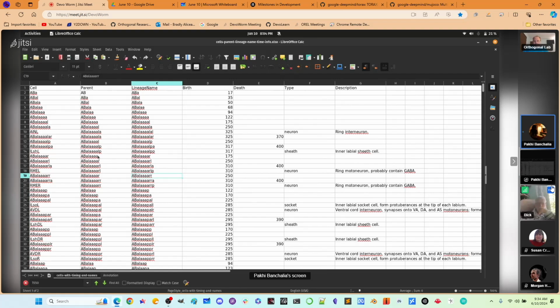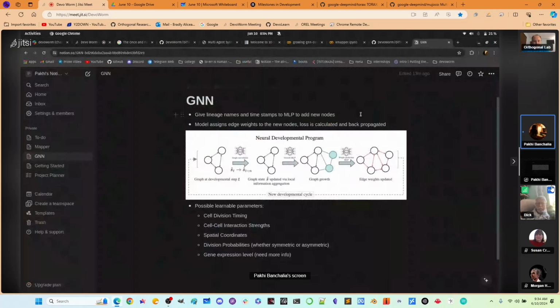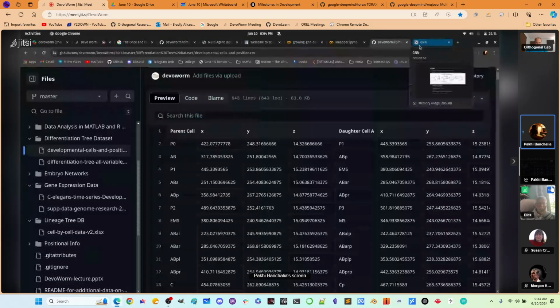For example, over here it's ABAL and 4 times A, and then it will be divided into R or L. So I was thinking I could use that and give that to the MLP, which it will use to add new nodes. And then the model can learn to predict the edge weights. With the help of these x and y coordinates, we can compare the two and calculate the loss.